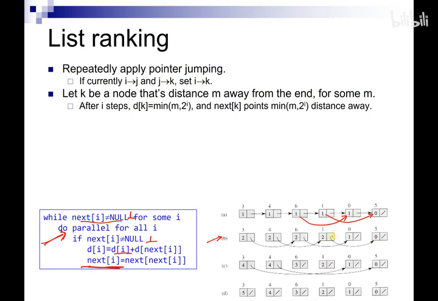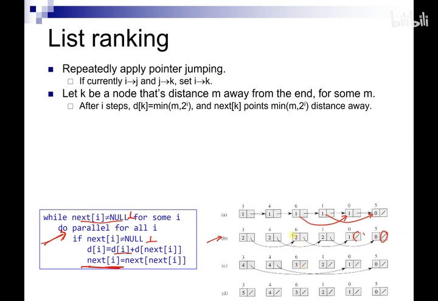And his next pointer is going to become the next pointer of his next node, which is this null here, so he's going to set his pointer to be null. Now this node is going to set his distance to be equal to his distance plus the next node's distance, so that's going to be 3 over here. And his pointer is also going to be the next pointer from the next node, which is this null here, so he's also going to set this to null.